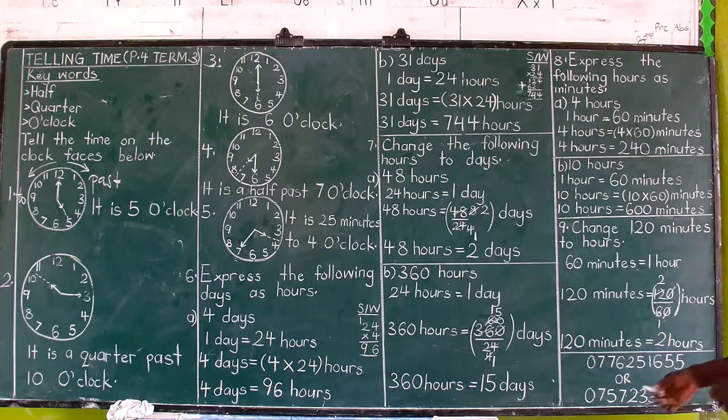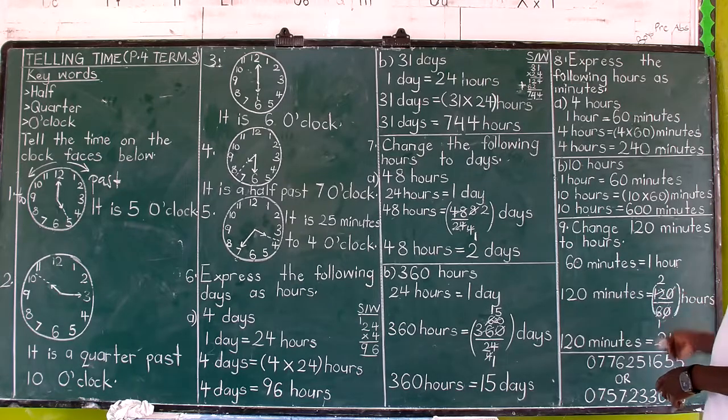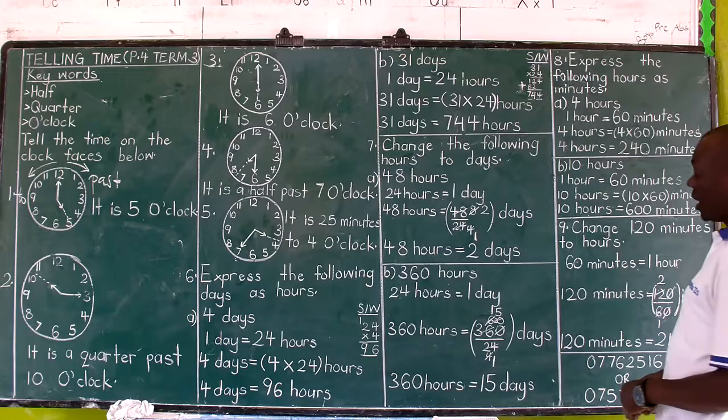How does one convert hours to minutes? By multiplication, by that 60, since 60 minutes make an hour. Then the other way around, converting minutes to hours, you divide by 60. So divide the number of minutes by 60, get the number of hours.